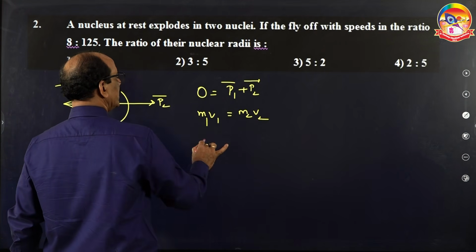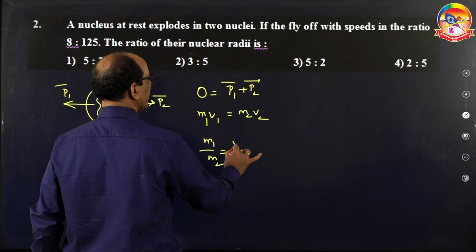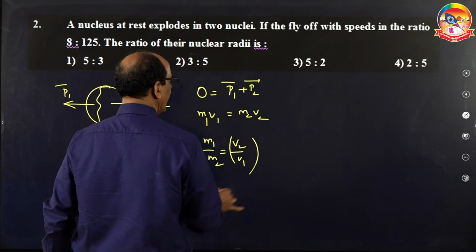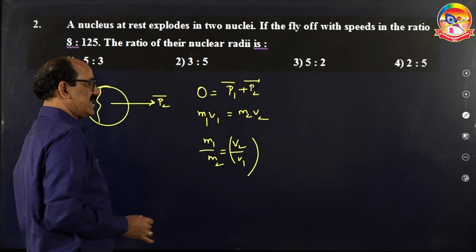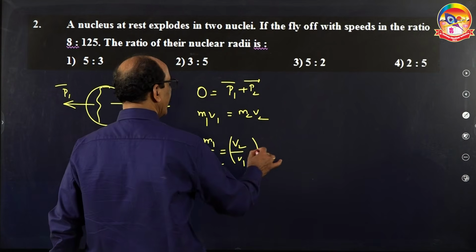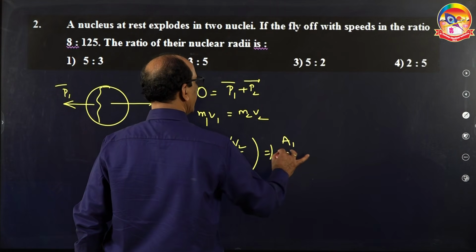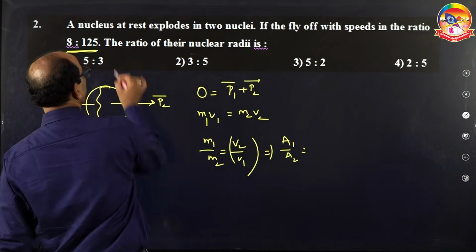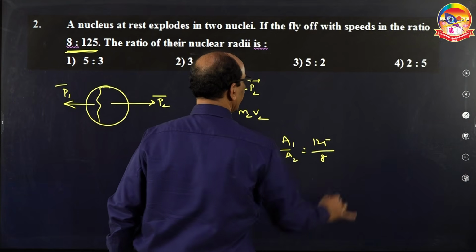Therefore, the ratio of the masses of the fragments m1 by m2 is in the inverse proportion of the speeds, v2 by v1. And the mass of the fragment is directly proportional to the mass number. Therefore, we can write A1 by A2 happens to be in the inverse proportion of 8 and 125, that is 125 by 8.